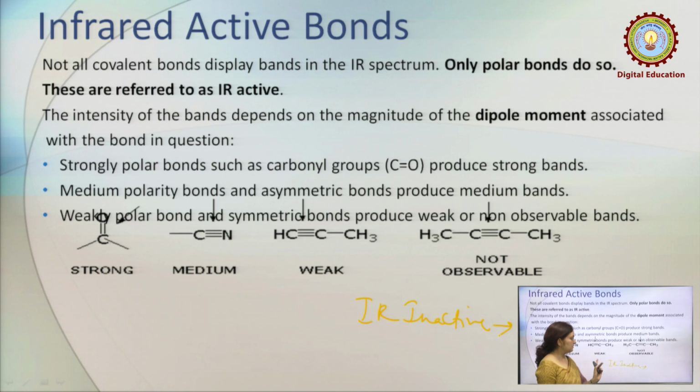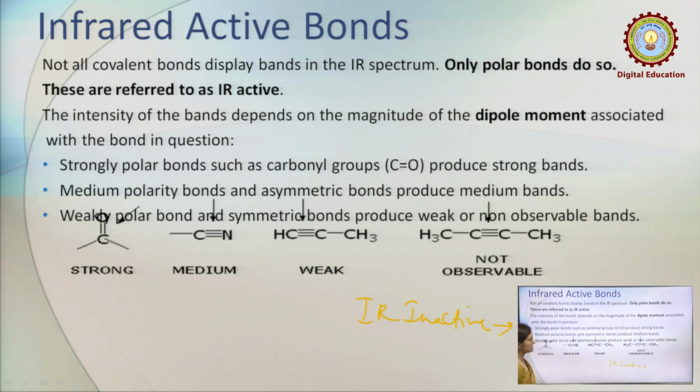But the selection rule for IR is that the molecule should have a dipole moment, or if it does not have a dipole moment, then when placed in the IR region, through the molecular vibration there is a change in bond length, so a dipole moment is developed.